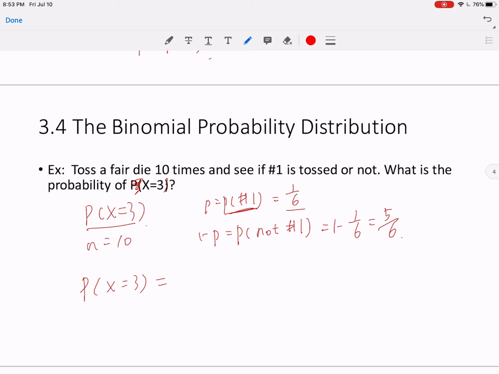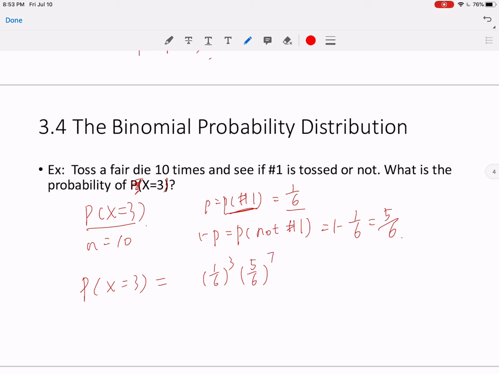Then what is the probability that 1 is tossed 3 times? So that would be 1 over 6 to the power of 3. Okay? And then we know 7 of them are not 1. So the probability of each of them is 5 over 6. So the probability of 7 of them would be 5 over 6 to the power of 7.